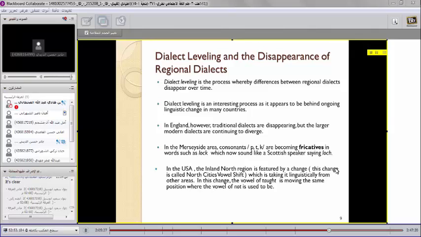The Inland North region is featured by a change called the North Cities vowel shift, which is taking it linguistically away from other areas. In this change, the vowel of thought is moving to the same position where the vowel of not used to be.